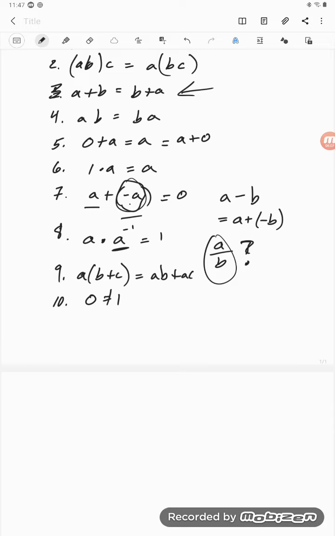And again, all except probably 7 and 8, they're the only ones that I think are a little bit different because you haven't really come up through all your arithmetic harping on this idea of an additive inverse.